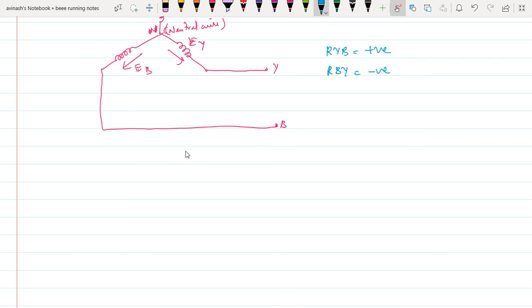In star connection, there are two windings between each pair of outers, and due to the joining of similar ends together, the EMFs induced in them are in opposition. The potential difference between the two outers, known as the line voltage, is the vector difference of the phase EMFs. So let me show you the line voltage and phase voltage relation here.